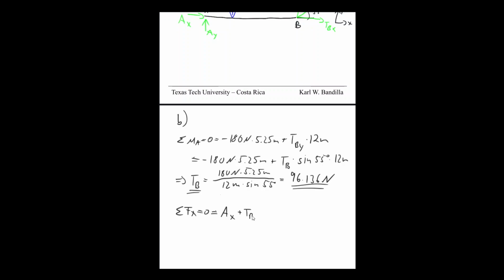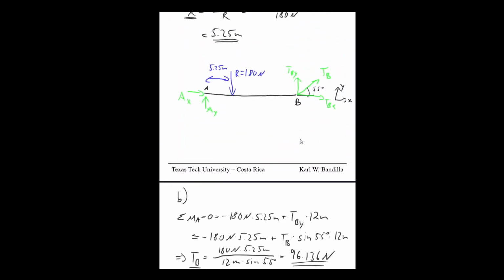Plus TBX. That would mean we get AX plus TB times the x component, which is the adjacent leg, so cosine of 55 degrees.